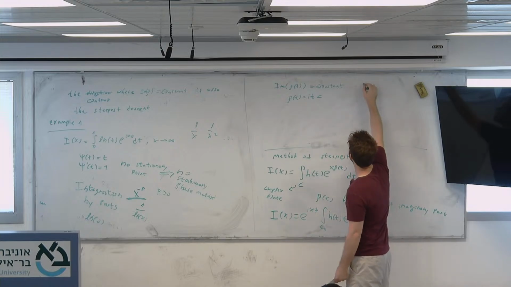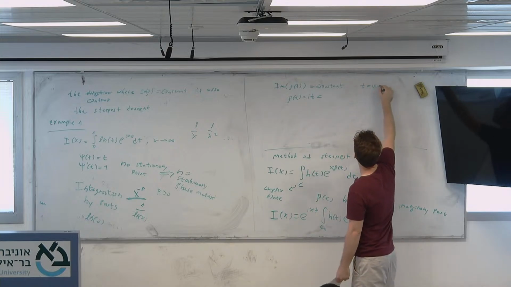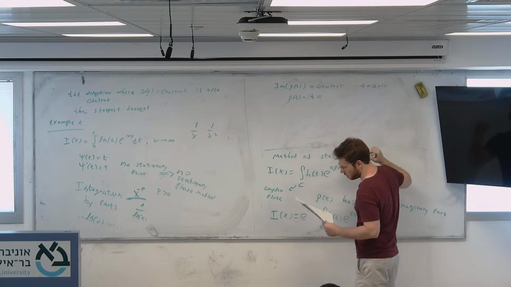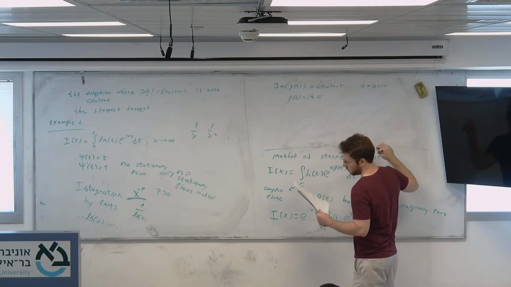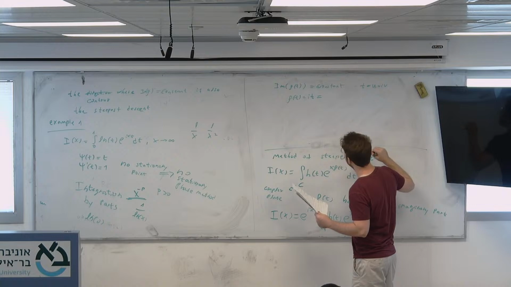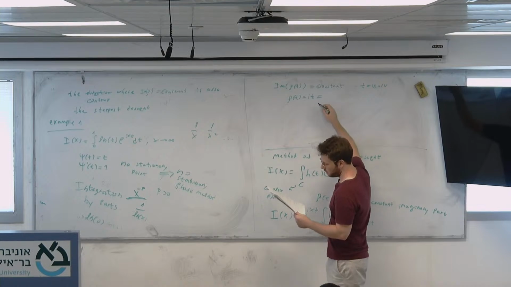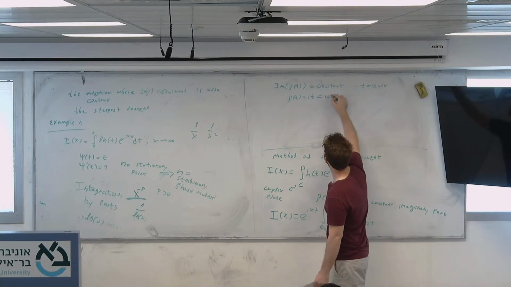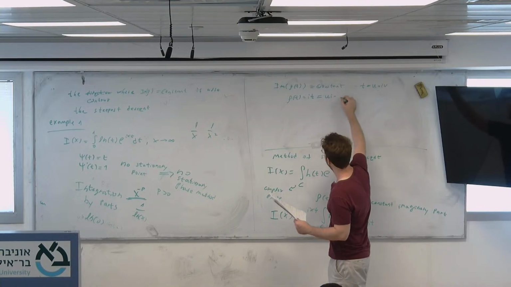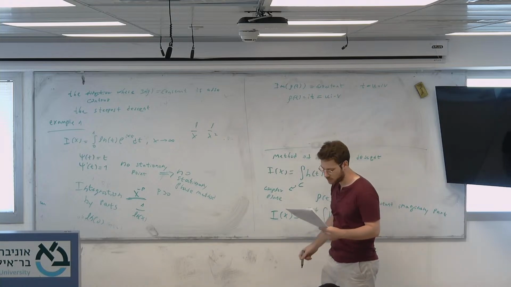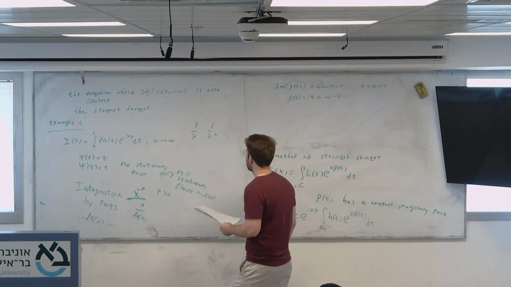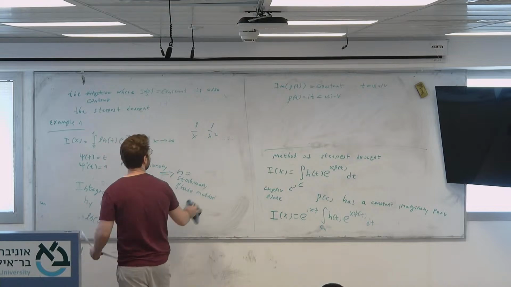Let's say that t is u plus iv. So rho is now iu minus v. So you need to look at the complex plane.